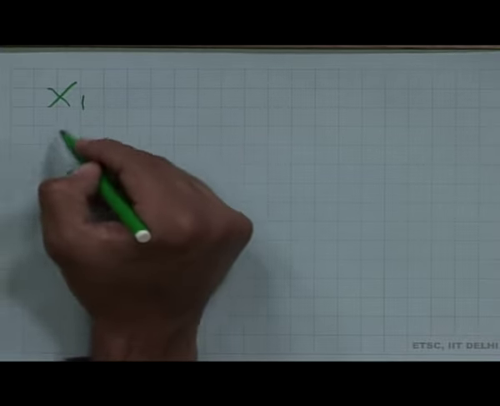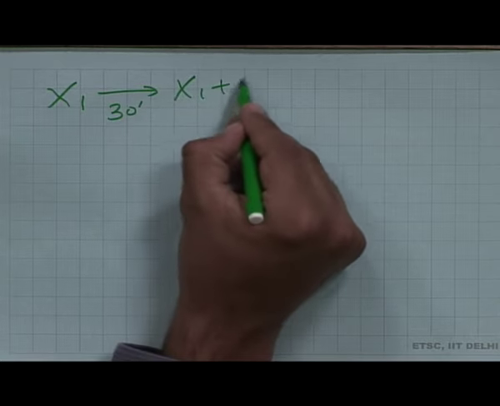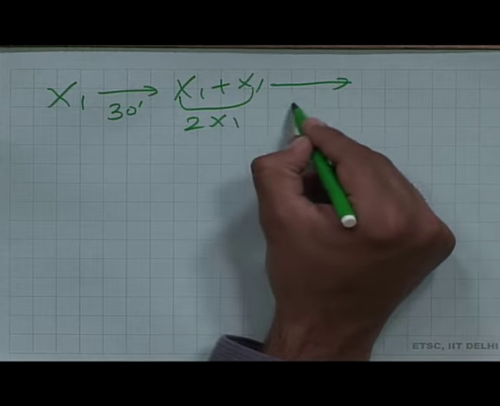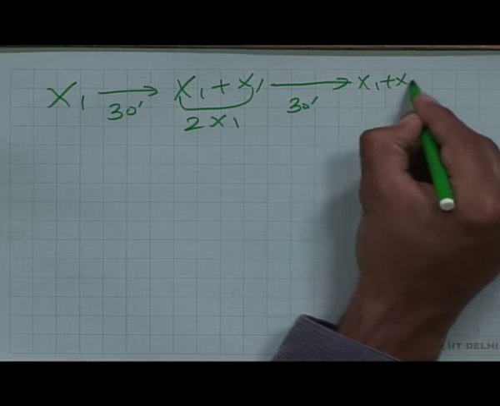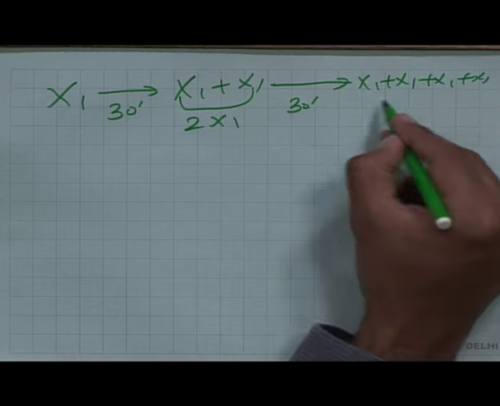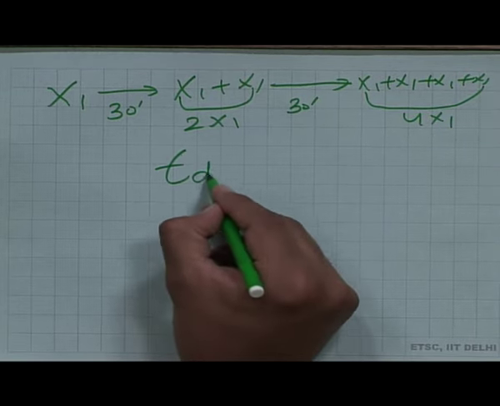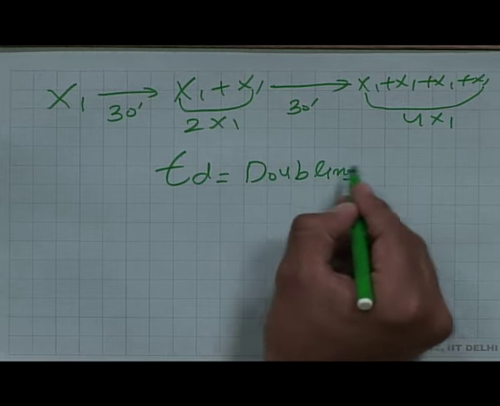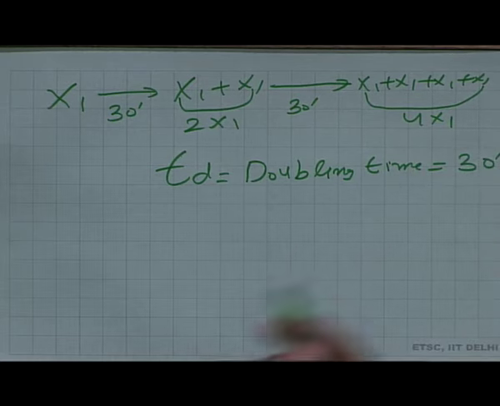You have x1 microorganisms, in 30 minutes it becomes x1 plus x1, so 2 times x1, and in another 30 minutes it becomes x1 plus x1 plus x1 plus x1, this is 4x1. TD, the doubling time, is 30 minutes. So, this is your generation time or doubling time.